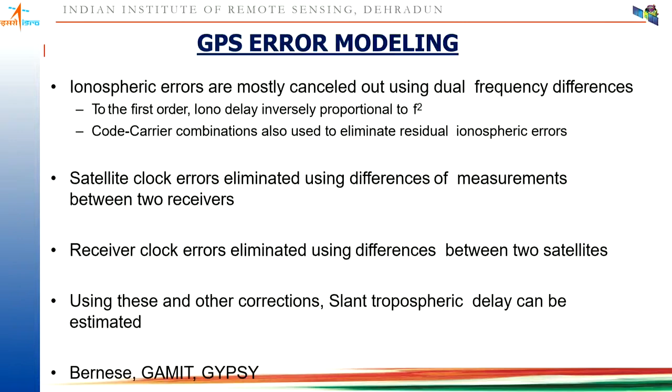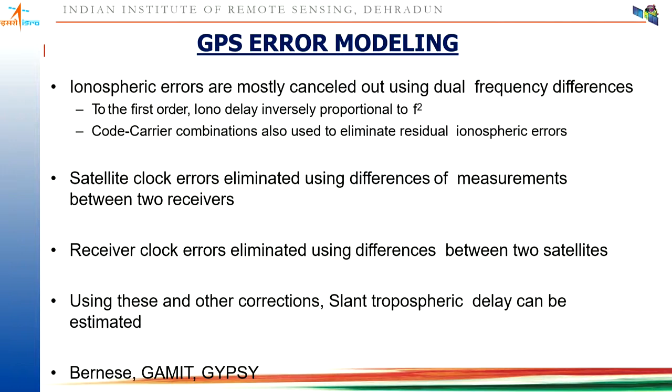Ionospheric errors are mostly cancelled out using dual frequency differences, since to first order the ionospheric delay is inversely proportional to f squared. Code-carrier combinations are also used to eliminate residual ionospheric errors. Satellite clock errors are eliminated using differences of measurements between two receivers.